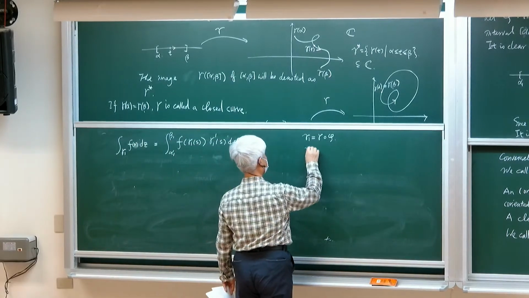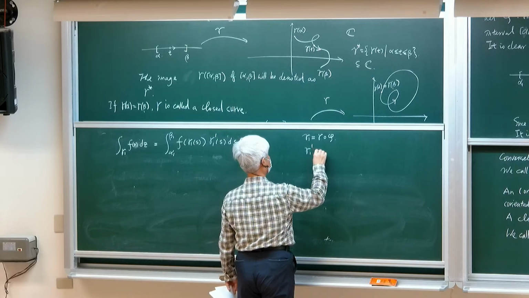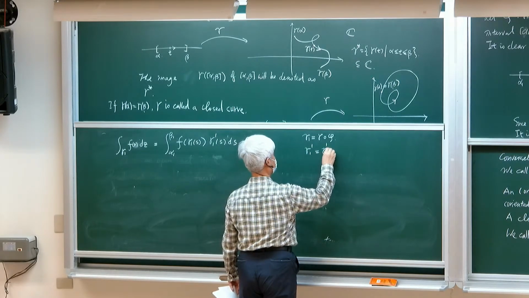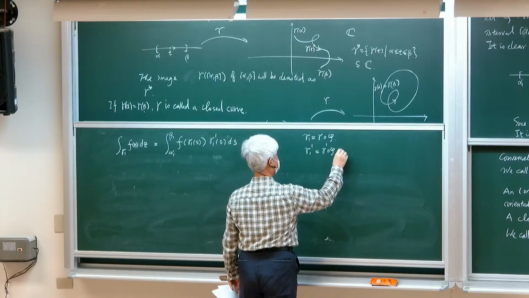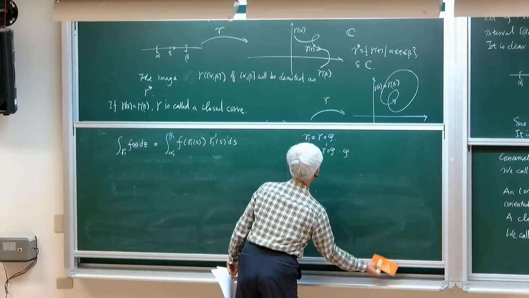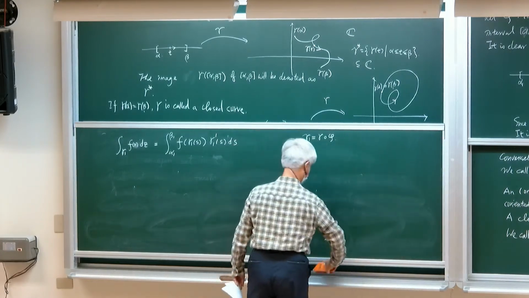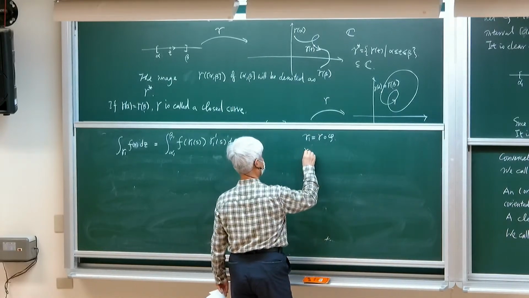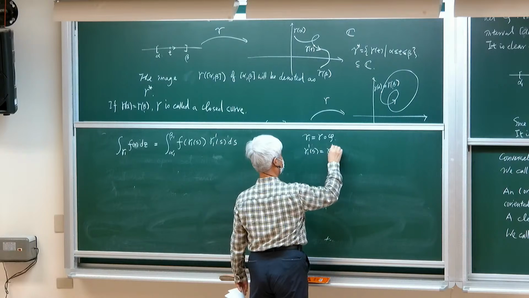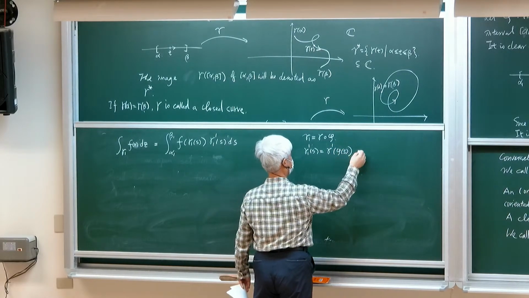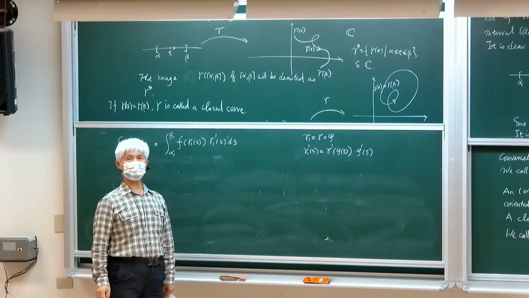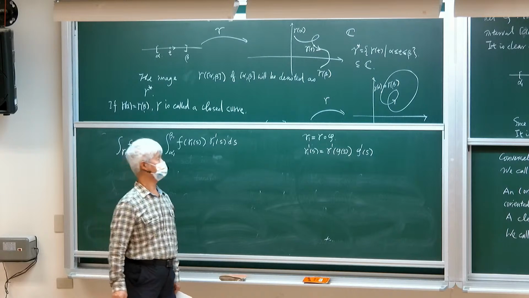So gamma 1 prime is actually gamma prime of phi bar times phi bar prime, by the chain rule.